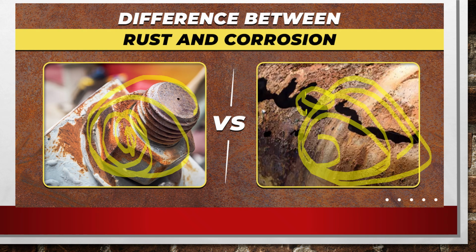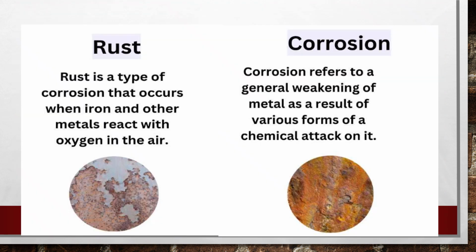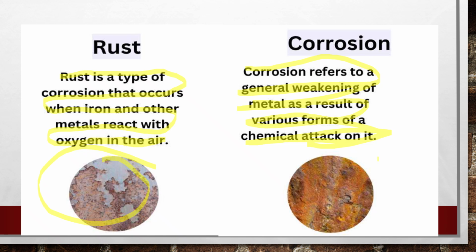But in rusting the layers are not destroyed, they are just converting into an amorphous powder. So rust is a type of corrosion that occurs when iron and other metals react with oxygen in air, whereas corrosion refers to a general weakening of metal as a result of various forms of chemical attack on them, right? So this is the picture in which you can differentiate between rust and corrosion.